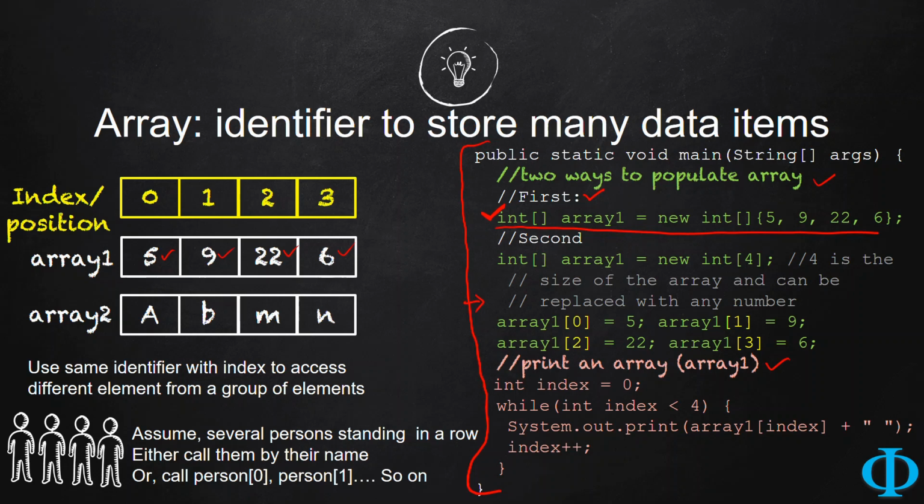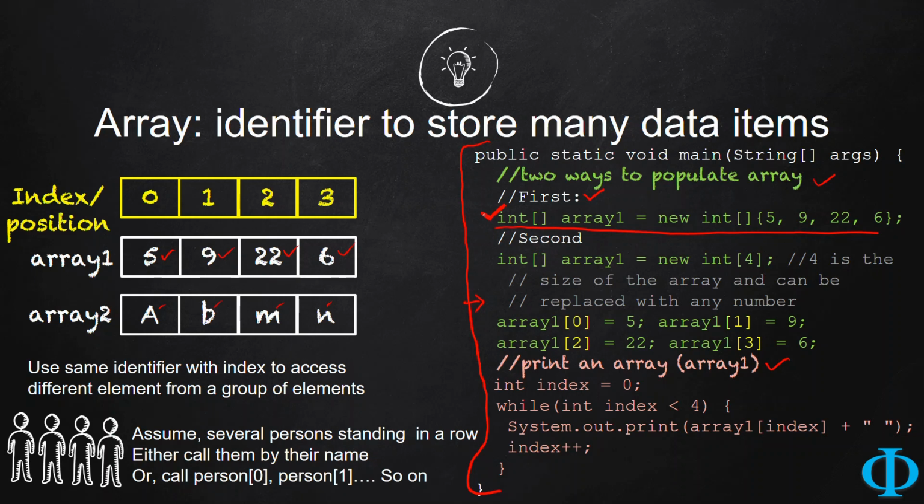And that's why I have defined the array as integer type. If you wanted to store A, B, M, N, all different types of characters in the array, you could specify char instead of int. And if you wanted to store some fractional number with some decimal point, then you could specify double, something like that. But in this example, let us stick to only integer over here.